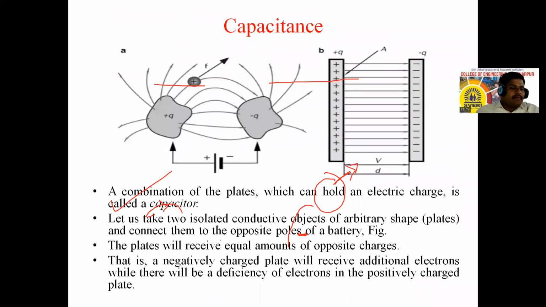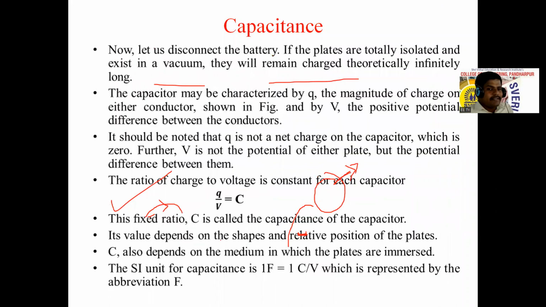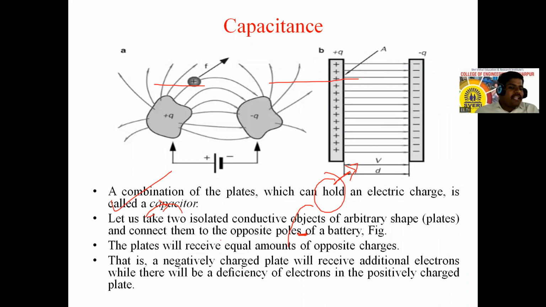Next one is capacitance. What is capacitance? The combination of plates which can hold an electric charge is called a capacitor. In a capacitor, we use a combination of two plates, and those plates hold the charge. In those plates, one is called the positive charge and one is called the negative charge, and this forms one capacitor.